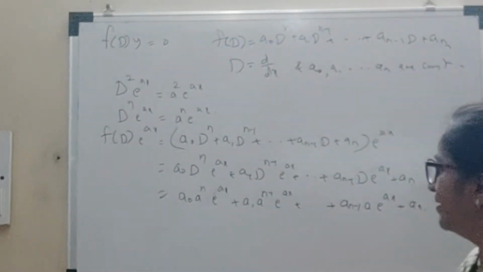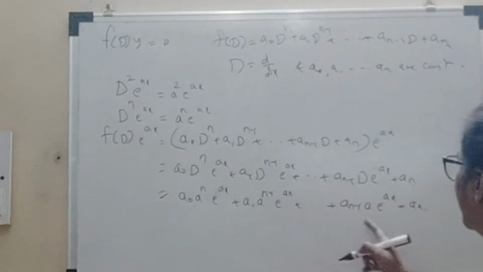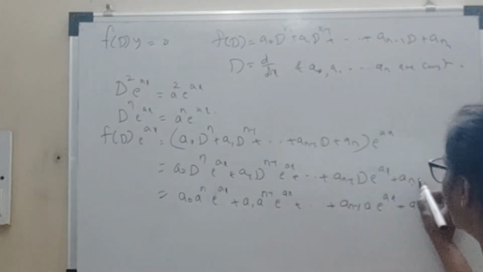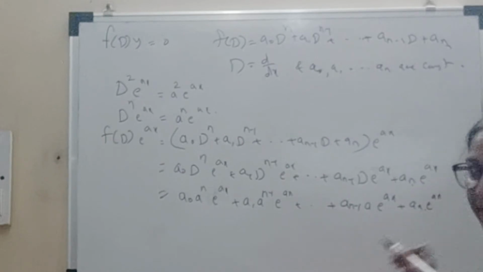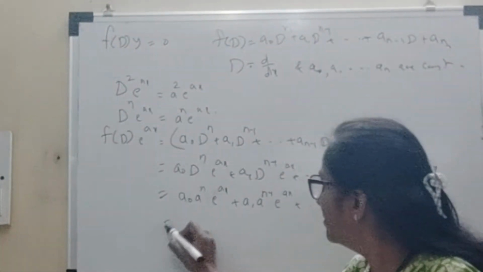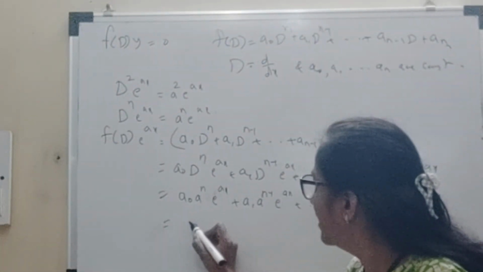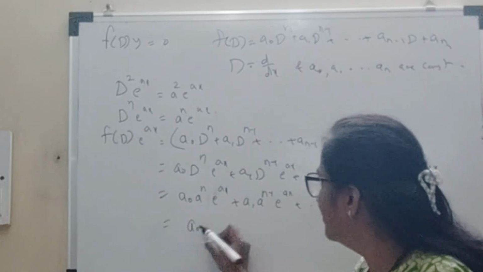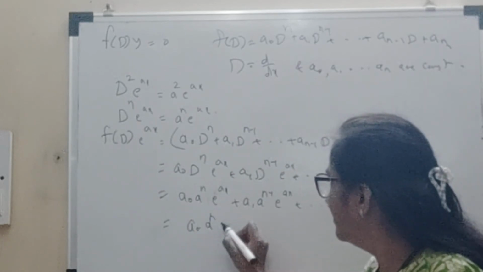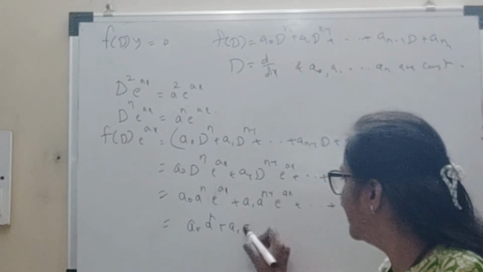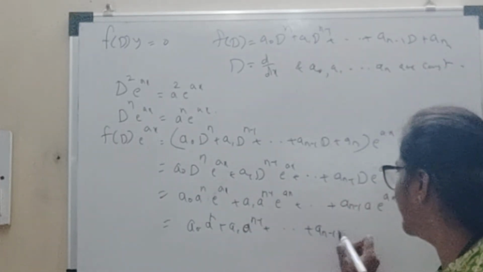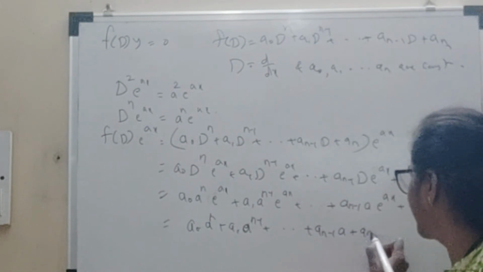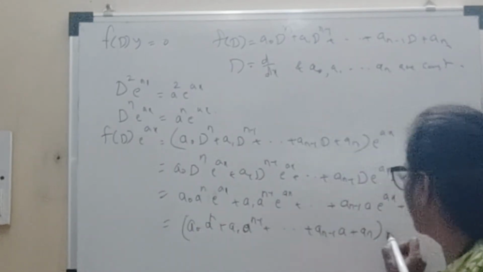So if I take e^(ax) common and shift it as a common factor outside, I'll have here (a0 a^n + a1 a^(n-1) + so on + a(n-1) a + an) into e^(ax).